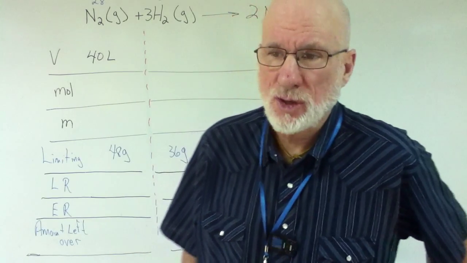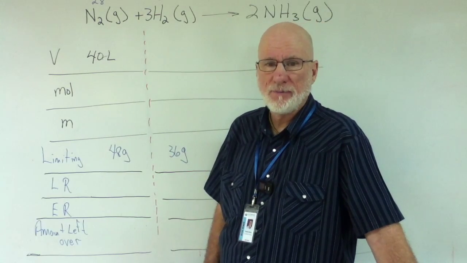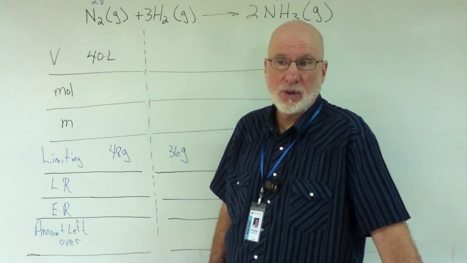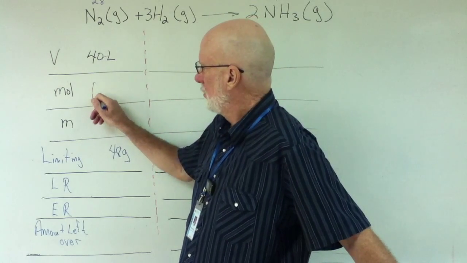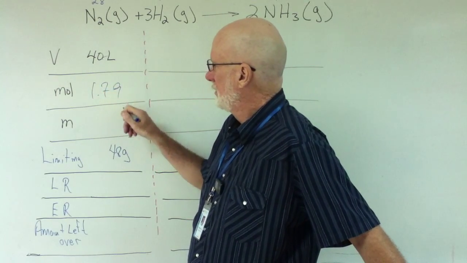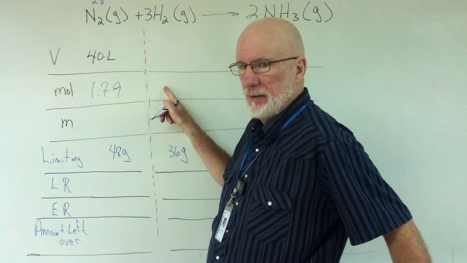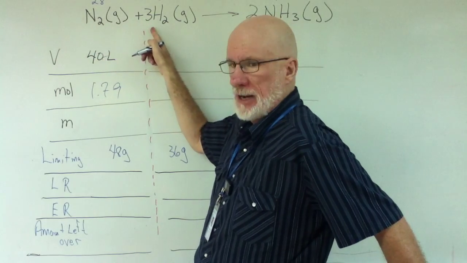All right, so you're going to divide it by 22.4. So what's 40 divided by 22.4? 1.79? Okay, good. Three significant figures, that's plenty. 1.79, okay. And then how many moles would this be? This is 1 mole, 1 to 3, right?